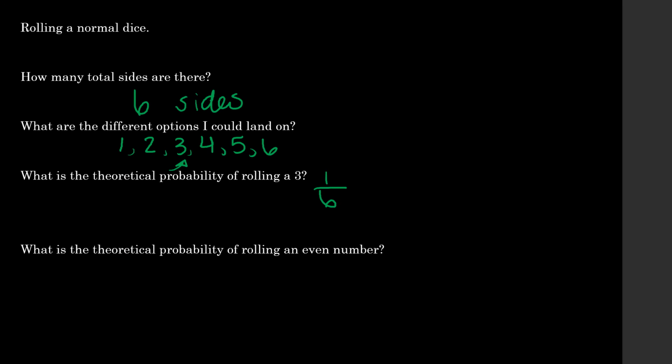What is the theoretical probability of rolling an even number? Okay. So I still have 6 total options, because I'm still rolling a dice, I still only have 6 sides, but I have 1, 2, 3 even numbers. So this would be 3 out of 6, or you could simplify this to 1/2.